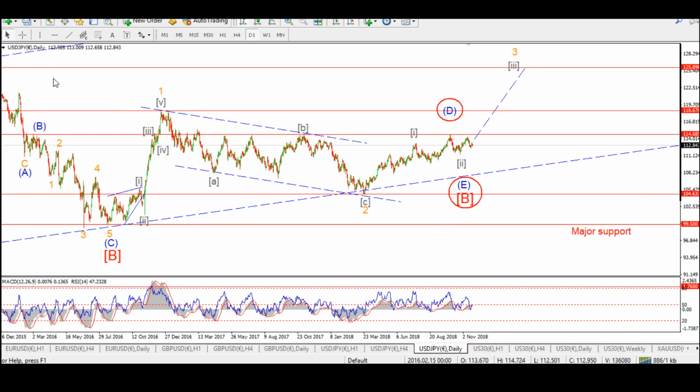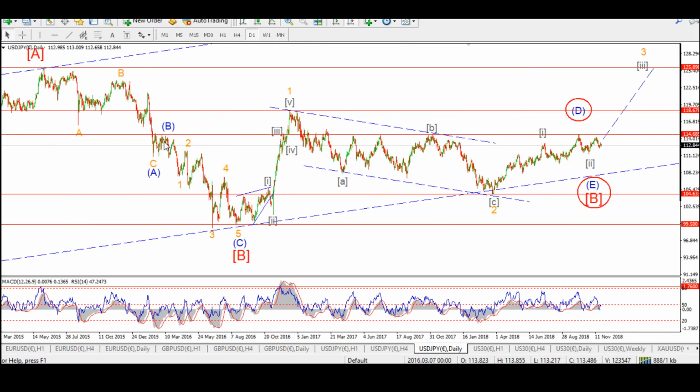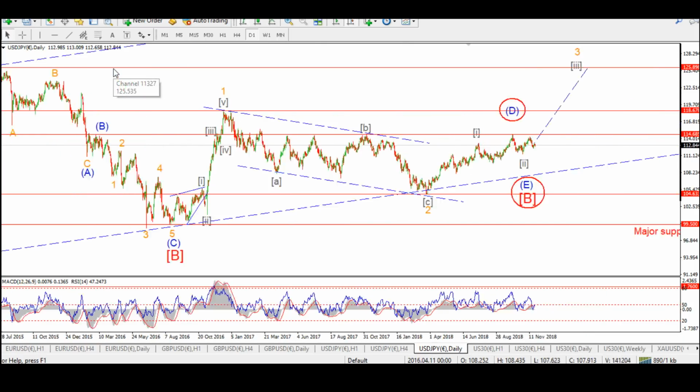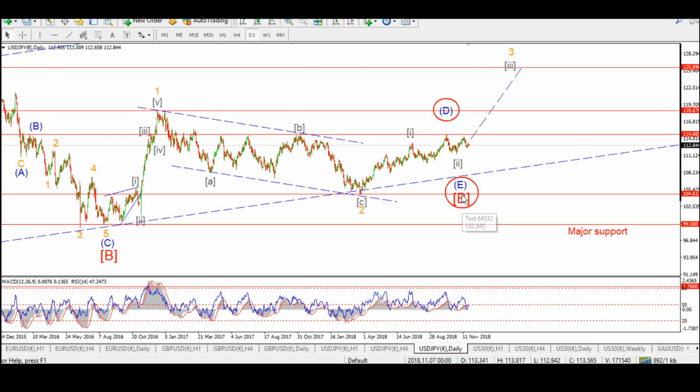That triangle would be all the way from the 2015 high, so it'd be a very large B wave triangle. If that triangle is completing, we still may have one push a little bit lower to complete that B wave triangle.